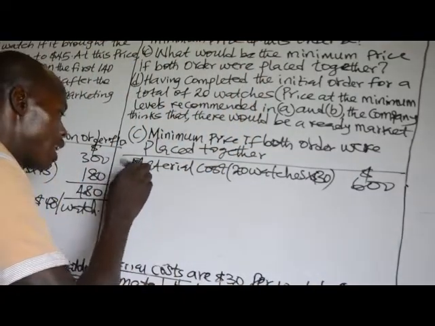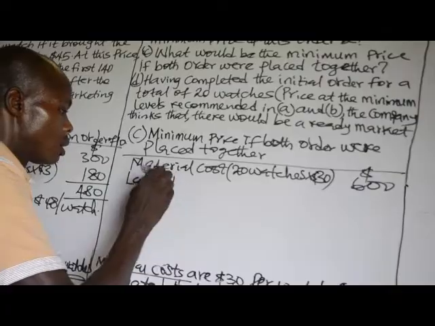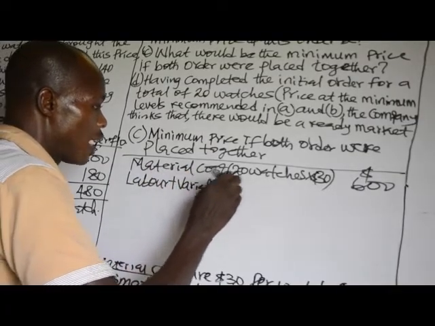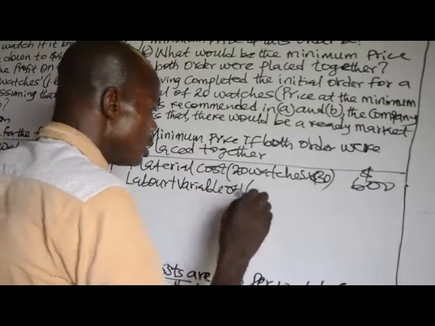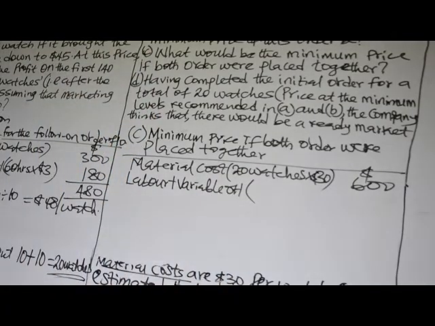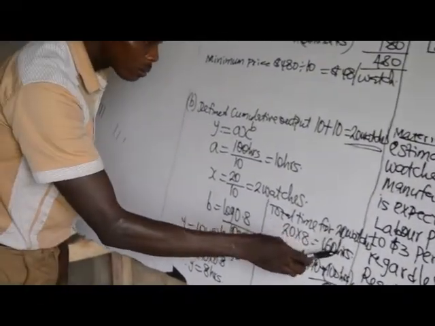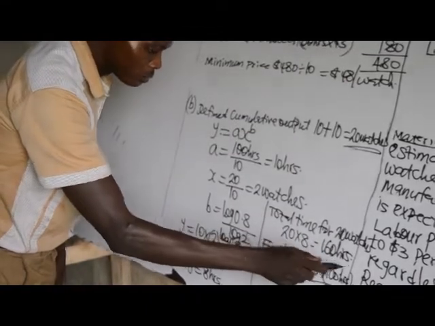Labor plus variable overheads. Now, 160 hours will be required for 20 washes altogether.